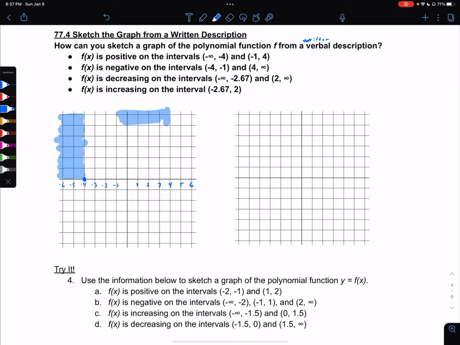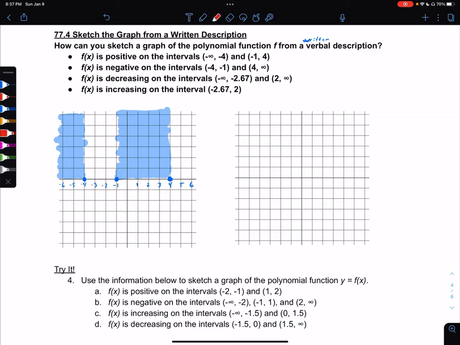So this whole section is going to be positive. And this won't be my answer, I'm just using this as kind of a sketch. So that tells me I'll also have an x-intercept at -1 and at 4, because that's where my graph is going to be changing from positive to negative.